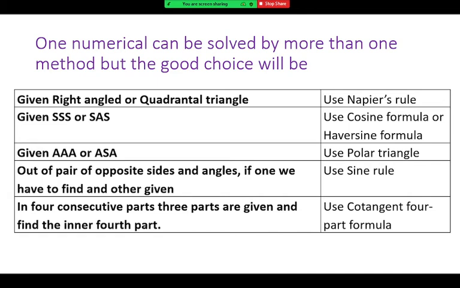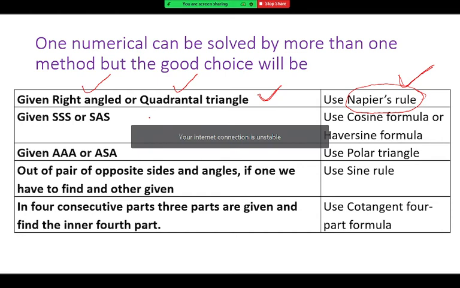But you should approach the problem this way. Whenever you are given a right angle triangle or a quadrantal triangle, better to start with Napier's rule. This is the simplest rule we have. Many times the question can be solved by the cosine rule and Haversine rule also, but best is Napier's rule for right angle and quadrantal. Quickly you get the answer.